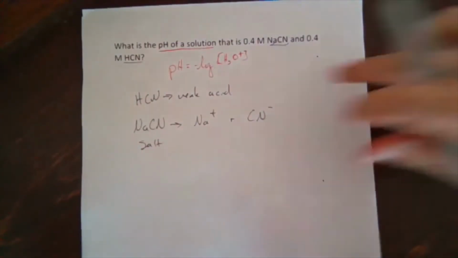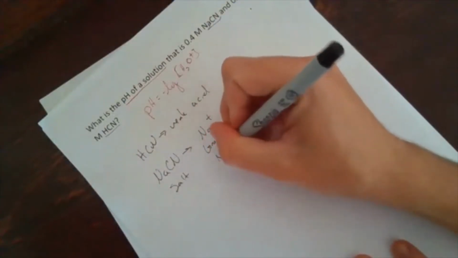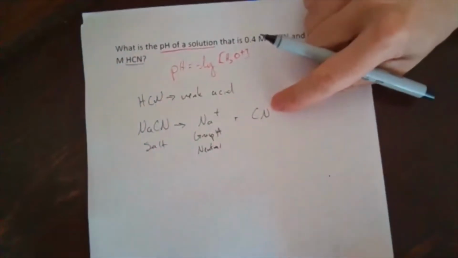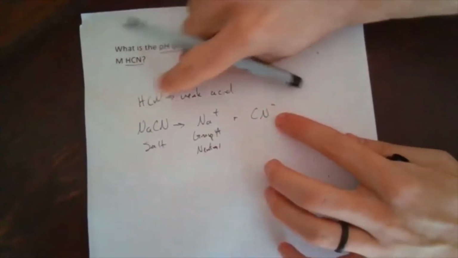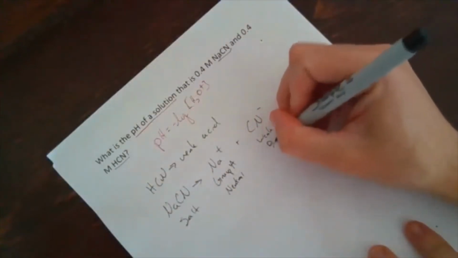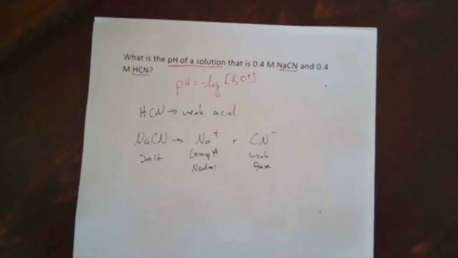Na plus, that's in group 1A, so that's neutral. And CN minus is an anion, so maybe a base, and its conjugate is a weak acid. So this is a weak base.